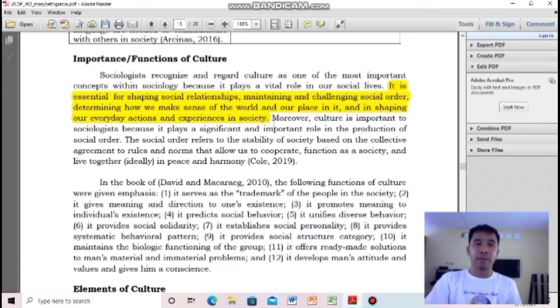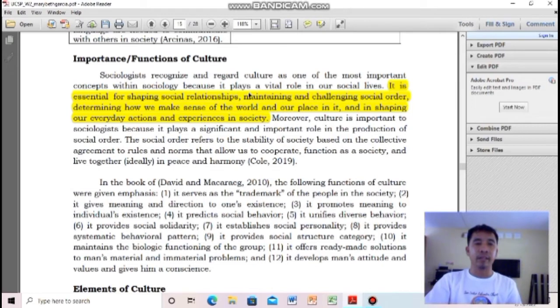Moreover, culture is important to sociologists because it plays a significant role in the production of social order. So our social order, in our community or society, is sometimes based on this culture.